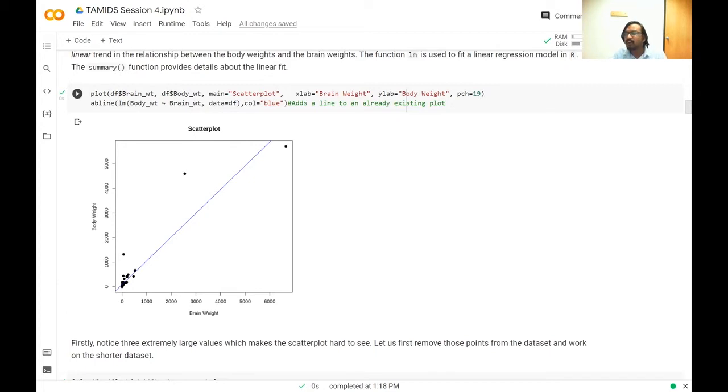What the lm function does is it does a linear fit of the response to the predictor. That's the overall form of this function. So we want to predict the body weight. So the response is the body weight given the predictor brain weight, where my data is stored in the variable df. And the color of this line is chosen to be blue, which is why we have a blue line.